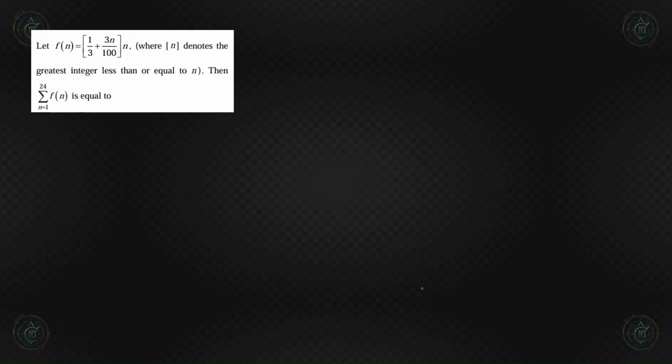So this next question is saying that let f(n) be equal to this greatest integer times n, okay? Then summation n equal to 1 to 24, f(n) is equal to what? Okay, so we have got f(n) equal to the greatest integer of 1/3 plus 3n divided by 100, times n. So we can write this f(n) first.